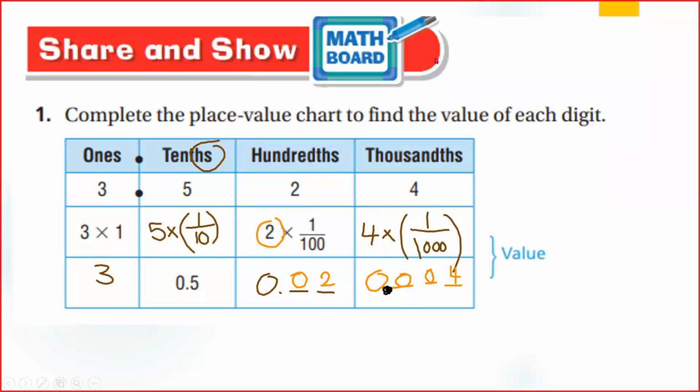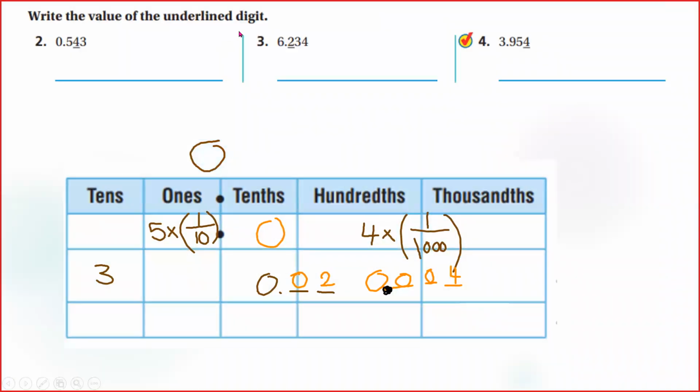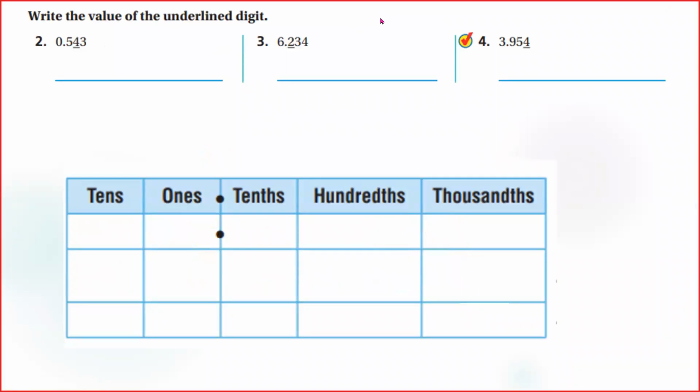Now, the next one here. Number 2. Write the value of the underlined digits. Yes, Sarah. Here, look at the first one. 0.543. Let's write it. 0.543.